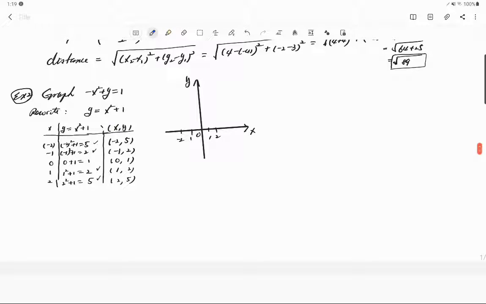So if x equals 0, then y is 1. X equals 1, then y equals 2, right? And x equals 2, then what is y? 5. 3, 4, 5. Okay, if x equals negative 1, then y is 2. X is negative 2, then y is 5. Okay, so from this one, we will smoothly connect.